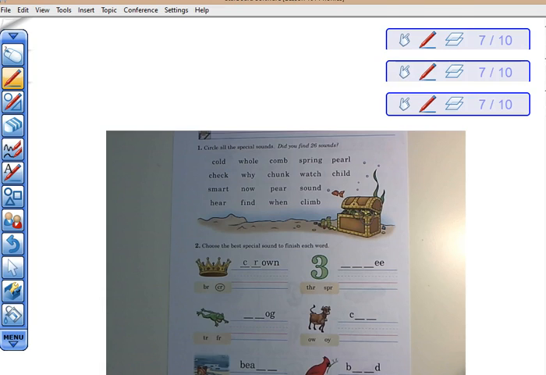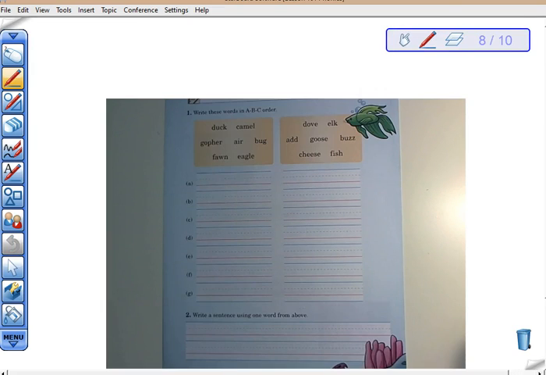Okay, the next paper tells us to write these words in ABC order. So these words in the first box, duck, camel, gopher, air, bug, fawn, eagle, they will be written down in these lines right here. It gives you a hint as to what word you're going to look for.